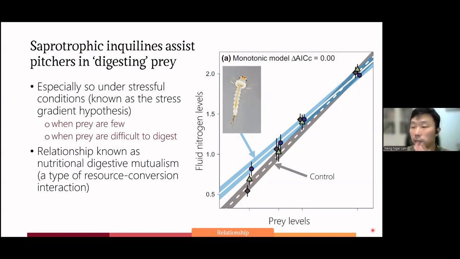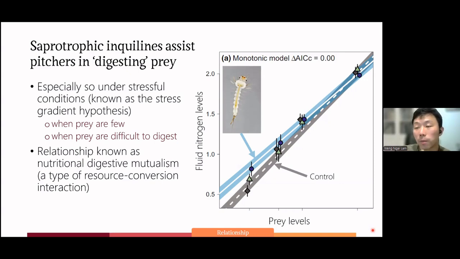And generally, this is the trend we see across most of these inquiline pitcher plant relationships. It's a trend that we call in ecology the stress gradient hypothesis, in the sense that a friend in need is a friend indeed, right?